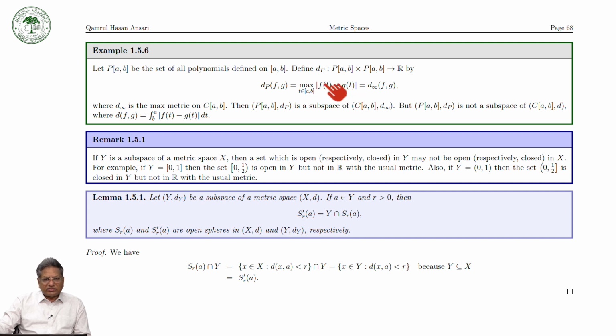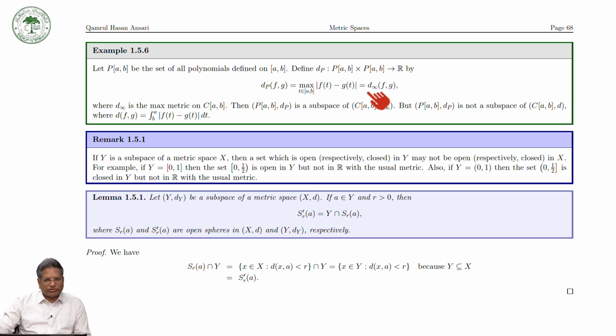Then this is nothing but d infinity on P[a,b], so this is equal to d infinity(f, g). It means that d_p is the restriction of d infinity.